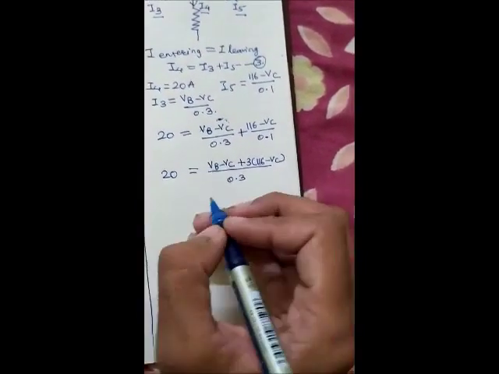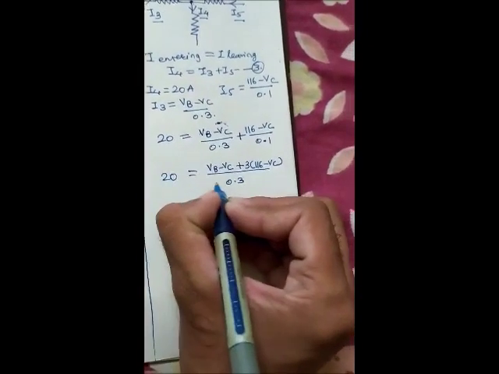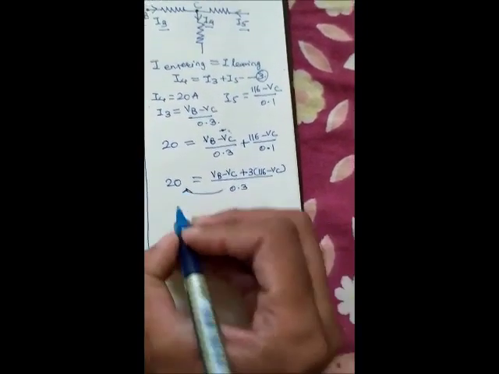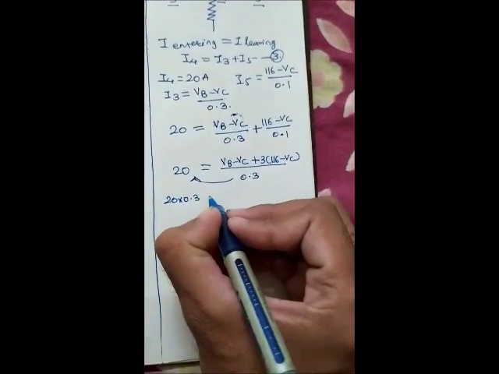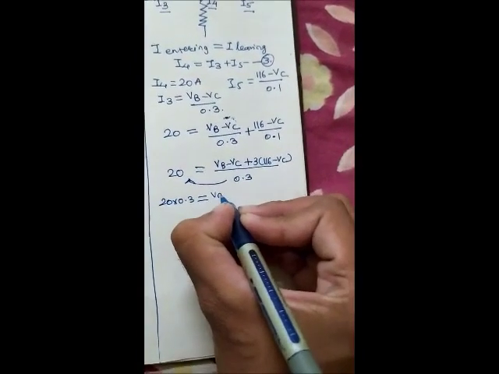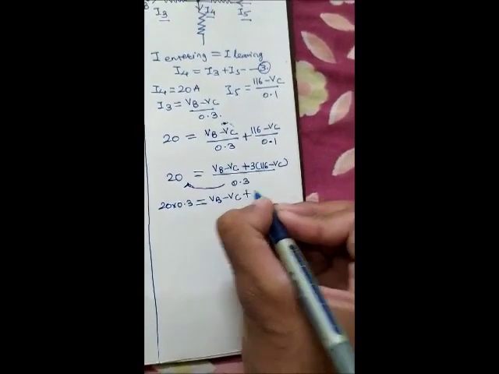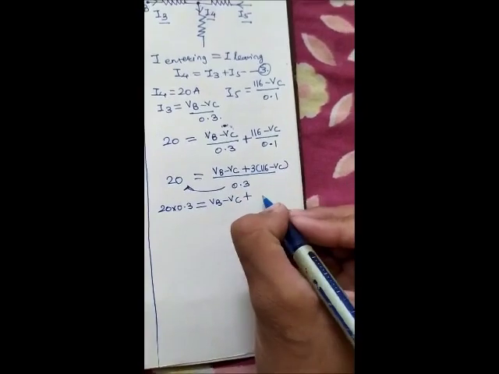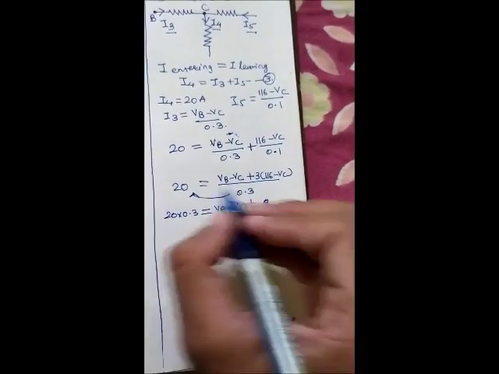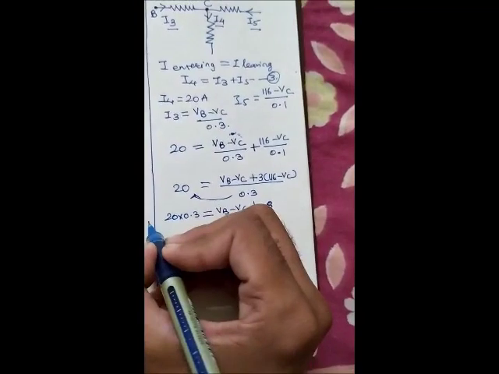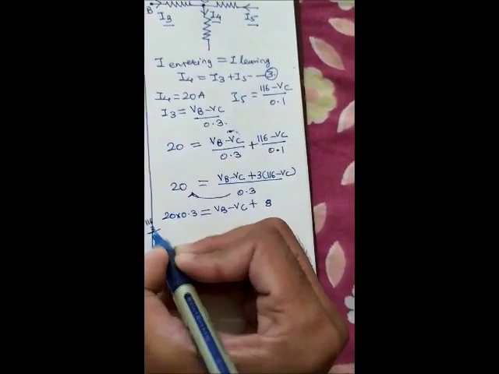Okay. So multiply this denominator term with this 20. 20 into 0.3 is equal to VB minus VC plus 116 into 3. So 116 into 3, 6 is 18. Do the multiplication at the corner side.